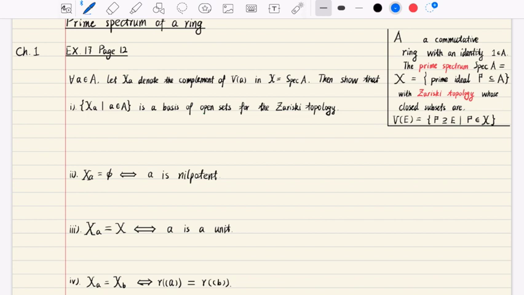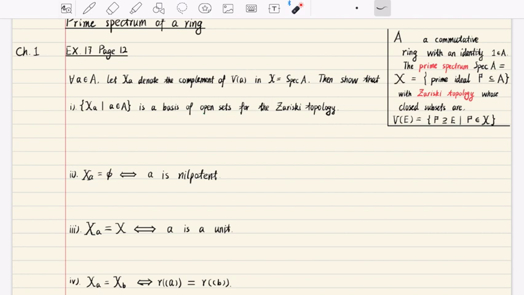The last exercise is about the collection of closed subsets of the topology, and this one is about the basis. And the first question is that this kind of subsets of the spectrum give us a basis.